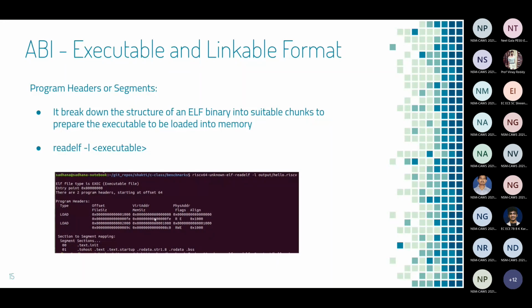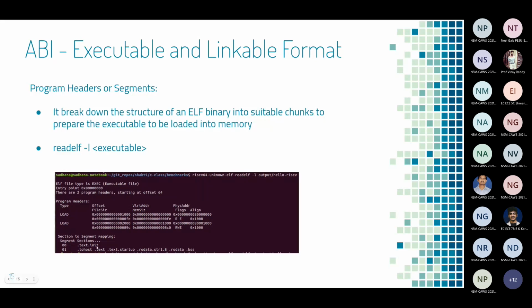The first segment is at virtual address 80 million, if you can see over here, and the second segment is at 80 million 1000. And which of the sections are mapped onto which segment, that's what this particular node over here talks about, right? So segment 01 has the .tohost, .text, .startup, and all of those sections, and the zeroth segment contains the .text.init section.